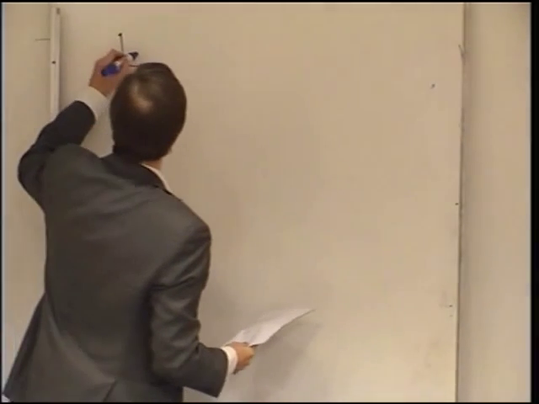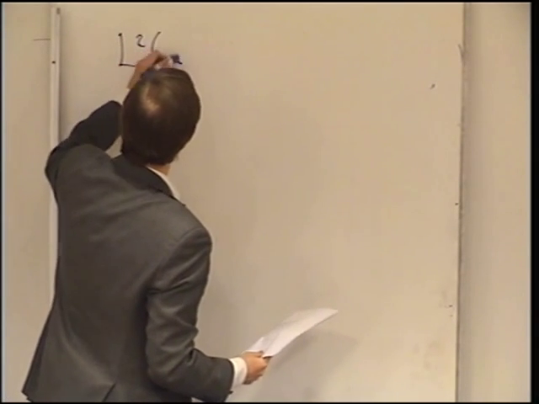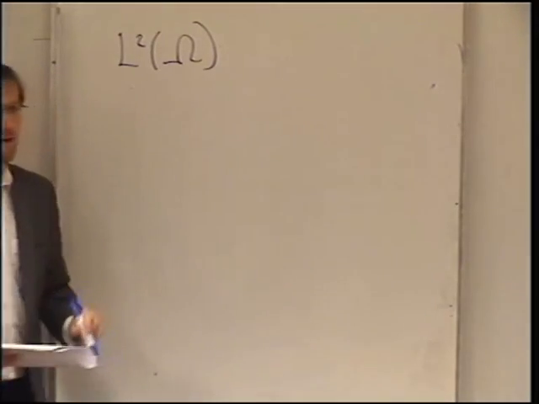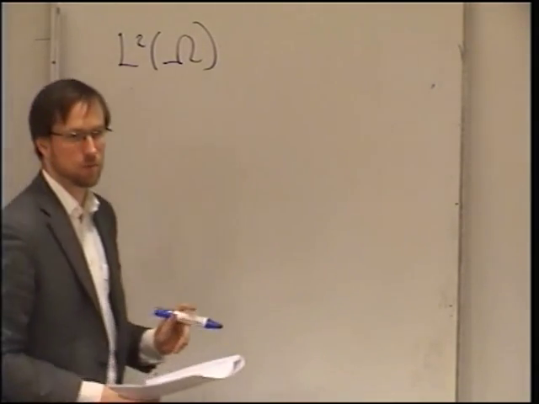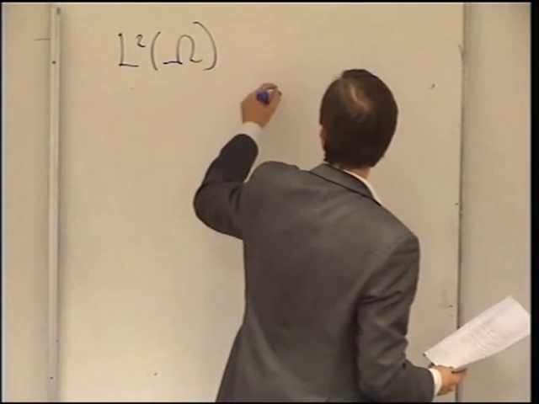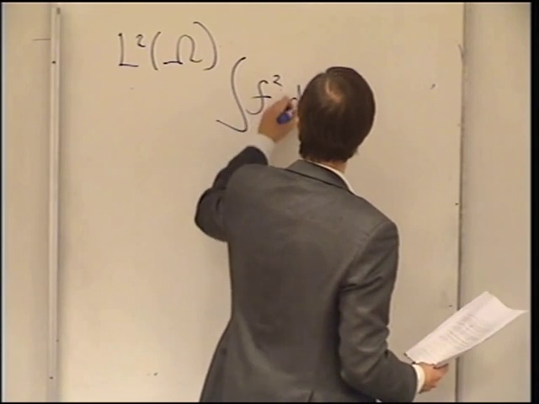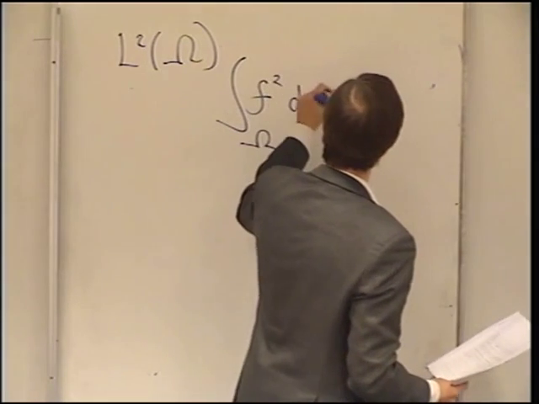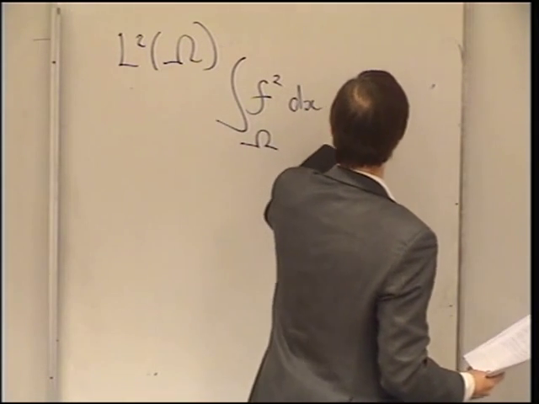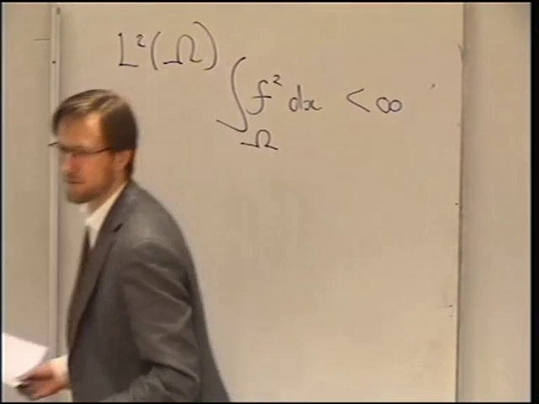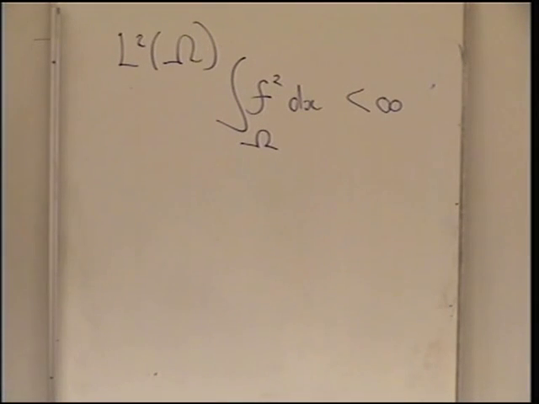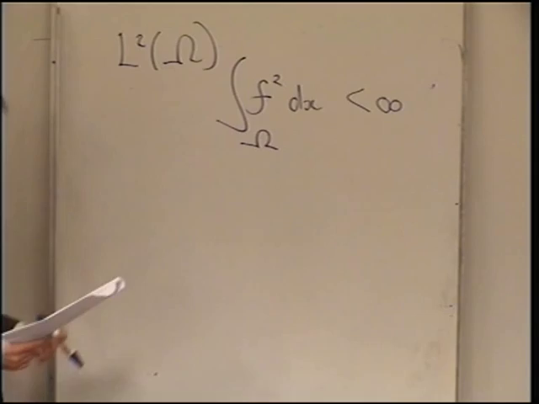There's one general purpose function space that we've seen a lot, and that's L2 of omega. L2 of omega is the space of square integrable functions, so the space of functions f such that the integral of f squared dx over our domain is less than infinity. So it has a finite value; the integral doesn't come out to be infinite.